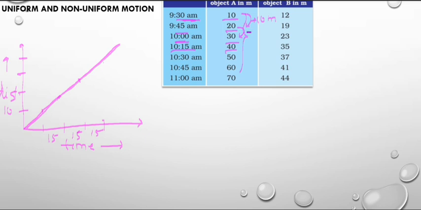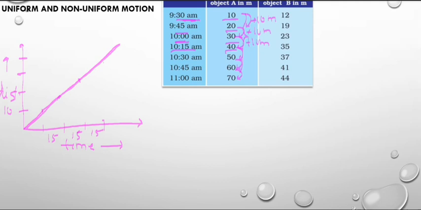Again 15 minutes, 10 meters, 15 minutes, 10 meters. That is, after every 15 minutes, the object is traveling an equal distance, that is 10 meters only. Clear? So this is what we call uniform motion.